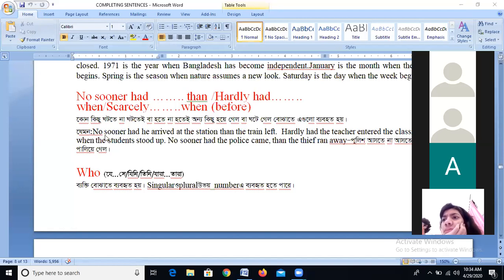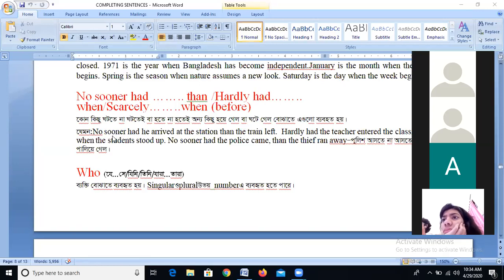But the sentence that you have learned at the beginning, no sooner had he arrived at the station than the train left, is in comparative degree. How do you know it? By examining this word, sooner. You know, soon, sooner, soonest. Soon is the positive degree, sooner comparative, and soonest superlative.